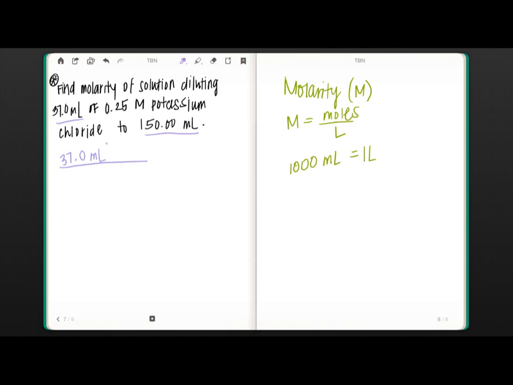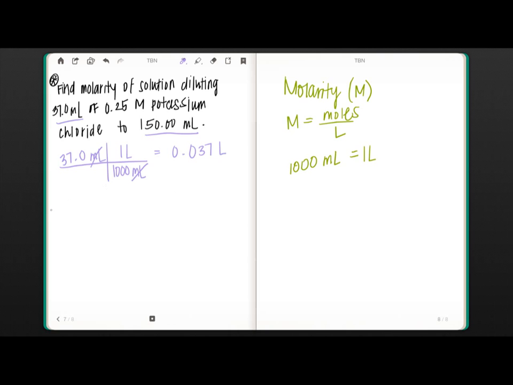To change that to liters, you can use this conversion. You know that 1,000 milliliters is in 1 liter. By doing this, you cancel out your units of milliliters and you end up with liters. This is pretty much the same as moving the decimal place 3 times to the left. So you end up with 0.037 liters.